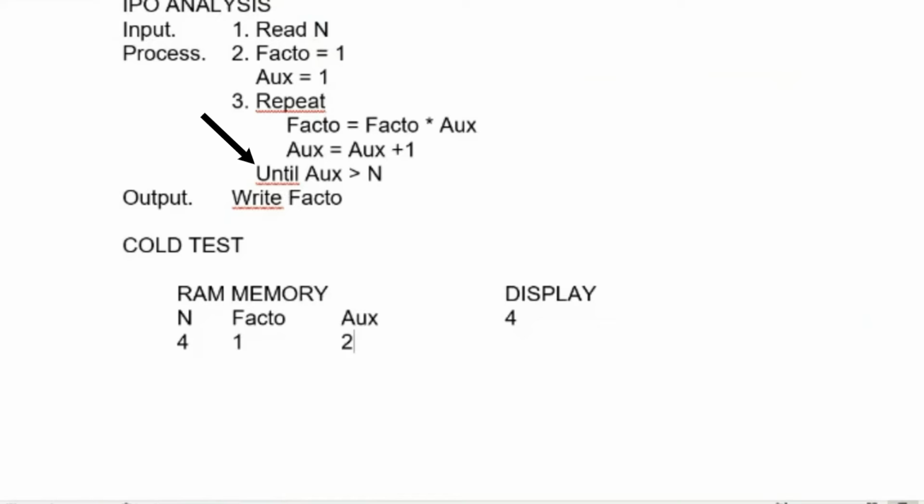Now, until outs greater than n. 2 greater than 4, false. So you go into the repeat instruction. Factor is equal to factor by outs.